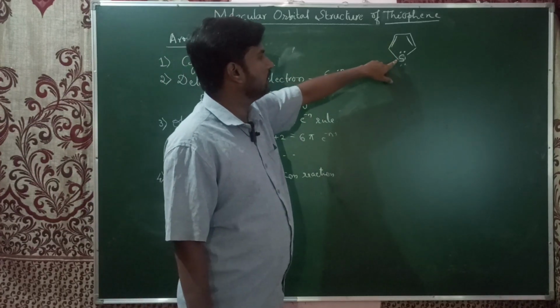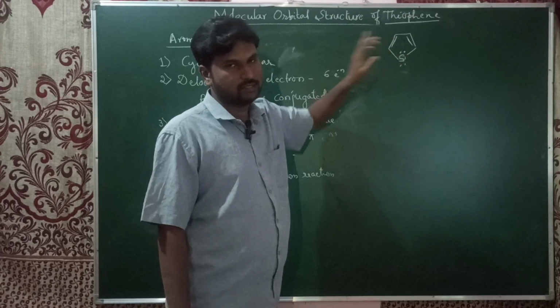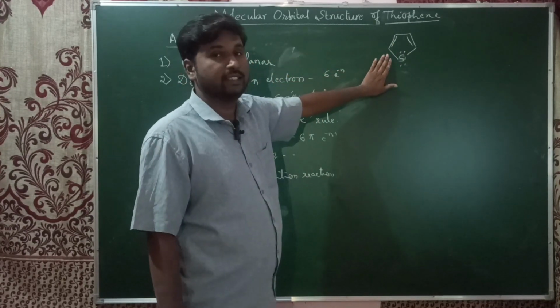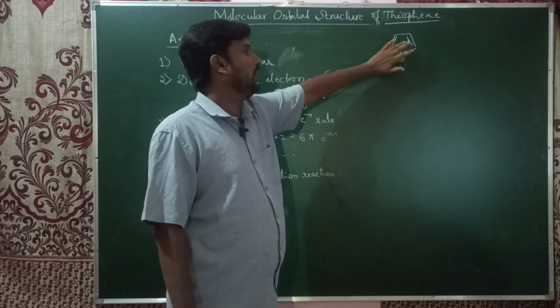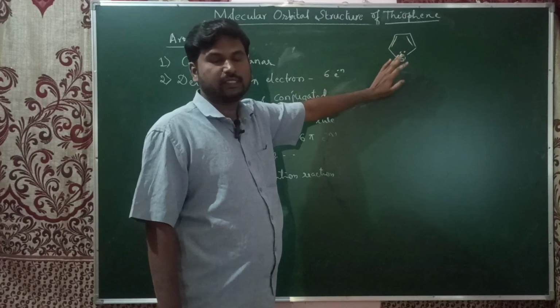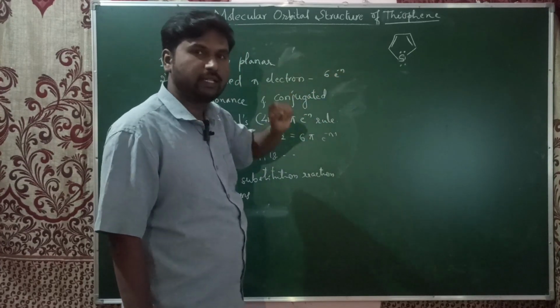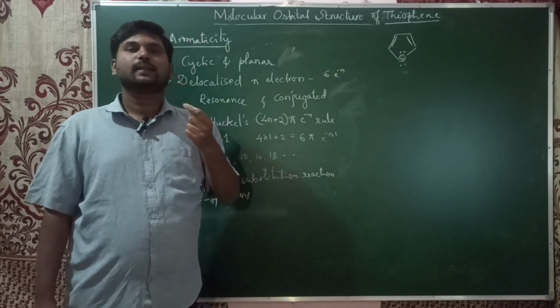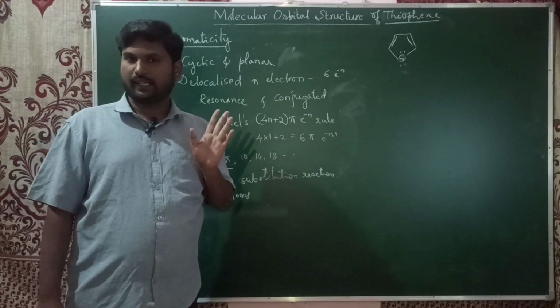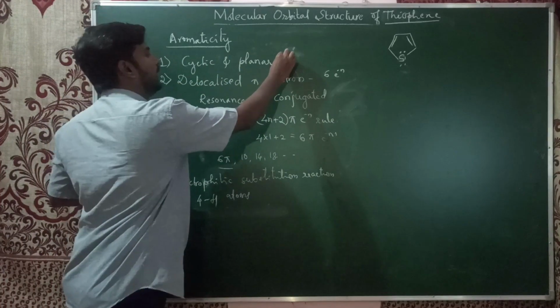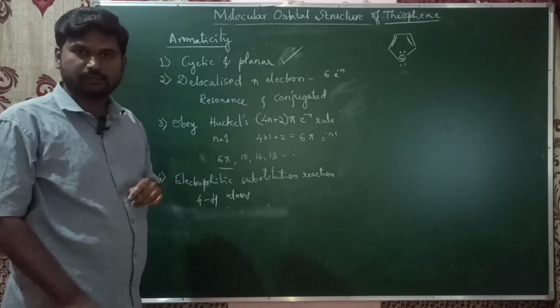If you start the cycle at sulfur, it will end at sulfur only. It is planar because all the atoms forming the bonds, carbon and sulfur, are sp2 hybridized, and the geometry of sp2 hybridization is trigonal planar. So the first criterion is fulfilled.